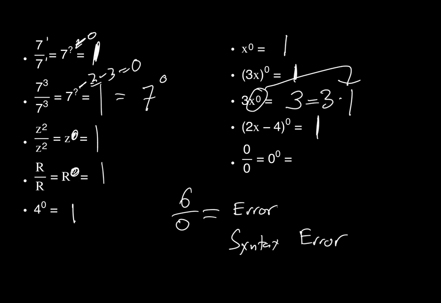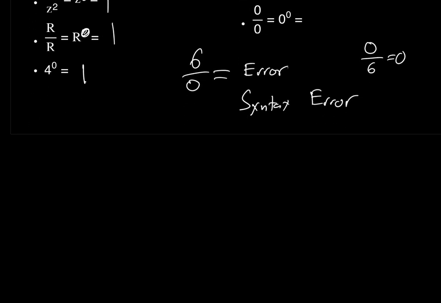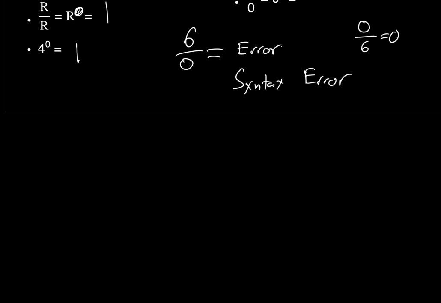If you have 0 divided by 6, here we say, okay, well, how many 6s can go into 0? None. And another way to do this would also be to, let's slide this up for a second. If I have x times y equals 0, what must one of them be? One of them must be 0.